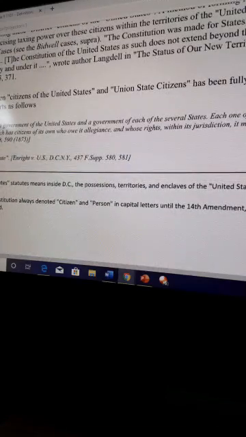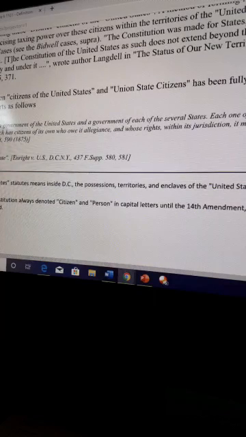We have in our political system a government of the United States and a government of each of the several states. Each one of these governments is distinct from the other and has citizens of its own who owe it allegiance and whose rights within the jurisdiction it must protect. United States v. Cruikshank, 92 U.S. 588, 590, and this case was in 1875.